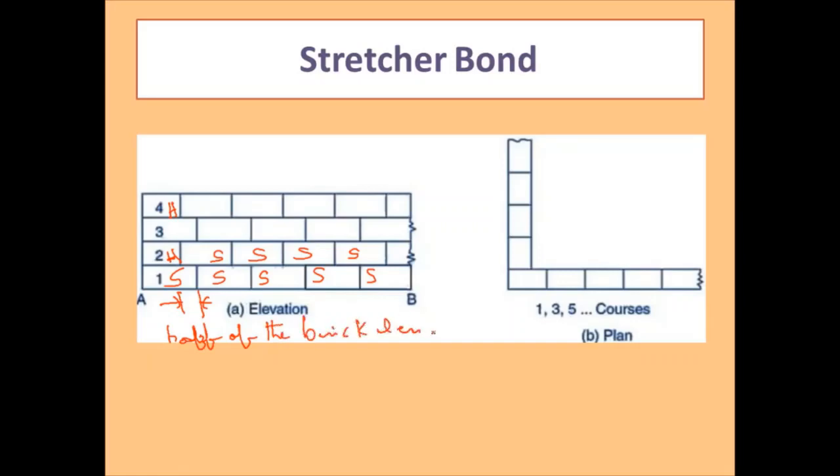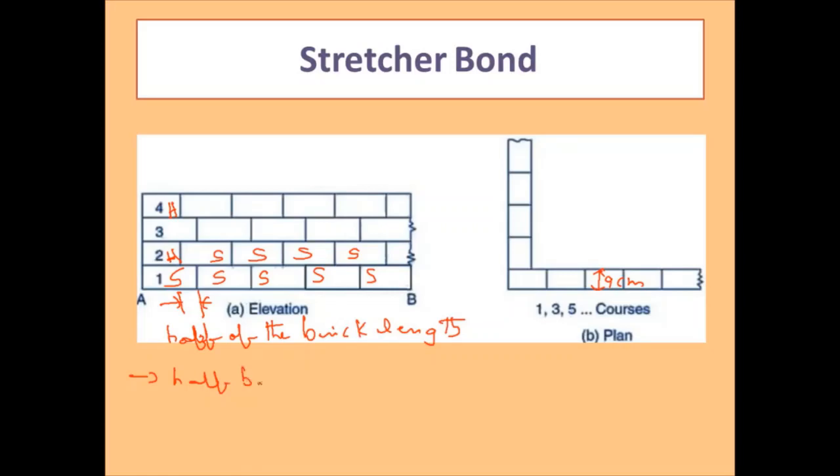In this bond, lap length is half of the brick length, because this is a stretcher here and here is a stretcher, so obviously it will be half of the brick length. Using this bond, the wall thickness will be like this. What will this thickness be? That is 9 centimeter. What is the meaning of that? When the wall thickness is 9 centimeter, it is a half brick wall.